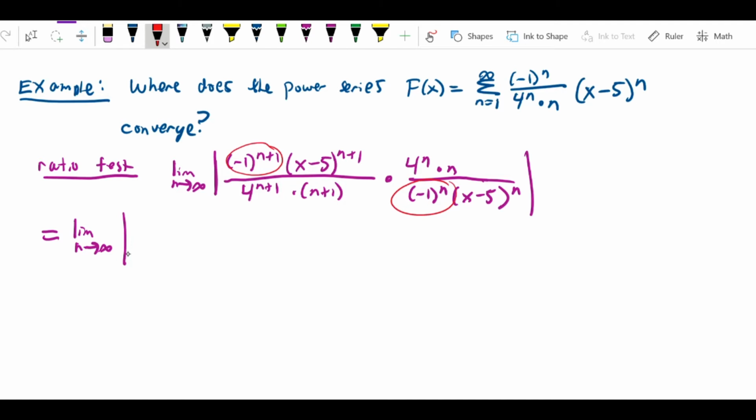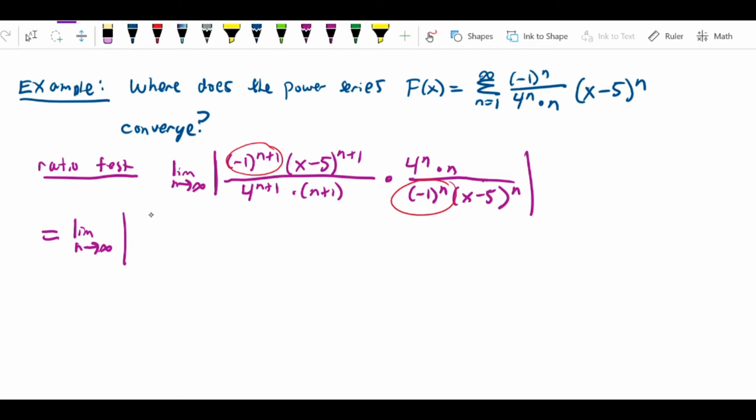But we know that that's not going to make any difference because the absolute value is just going to take the negative 1 and turn it positive. So I can take the negative 1 to the n term out. And that's something that in general you can do when you see an alternating term and evaluate it through the ratio test.